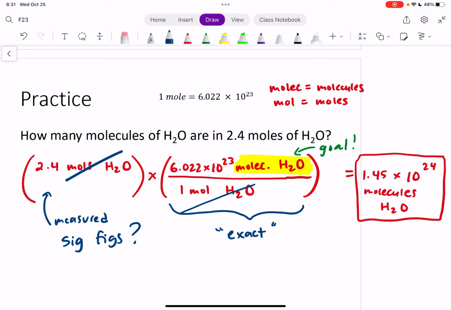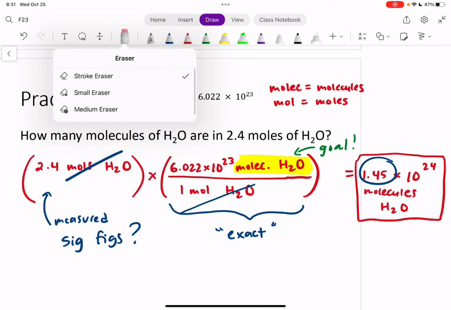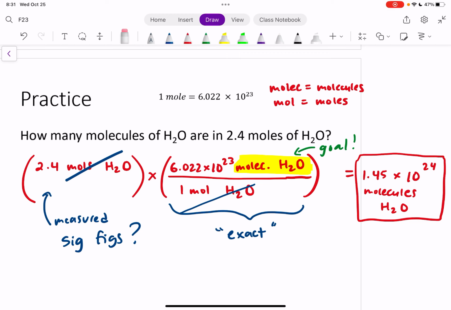So when we're looking at sig figs for this answer, how many sig figs should I have in this final answer? Yeah, 2, because there's only 2 in our measured value, right? And we're multiplying or dividing, so we take the lowest number of sig figs. So this should actually be 1.5. Okay, and now you've expressed that with the correct number of sig figs. And let me actually write that down. 2 sig figs there, so 2 sig figs here.